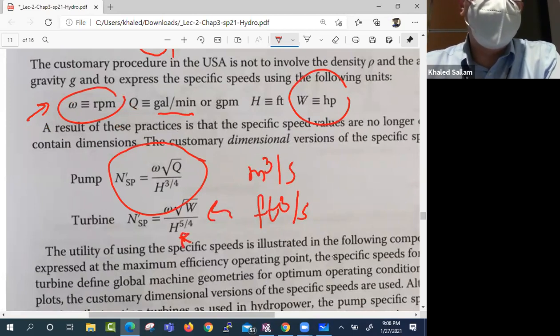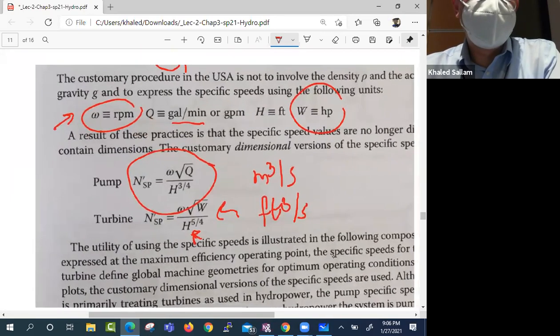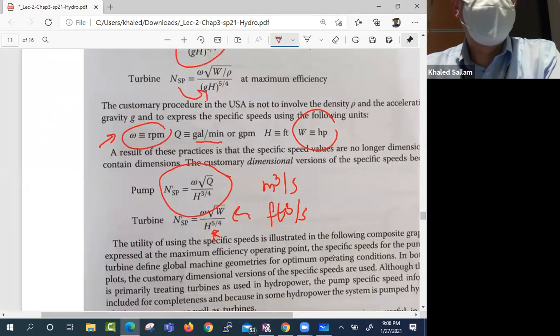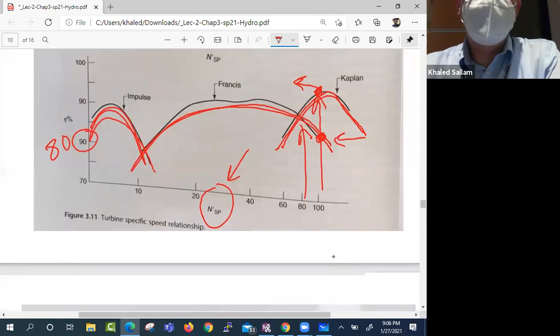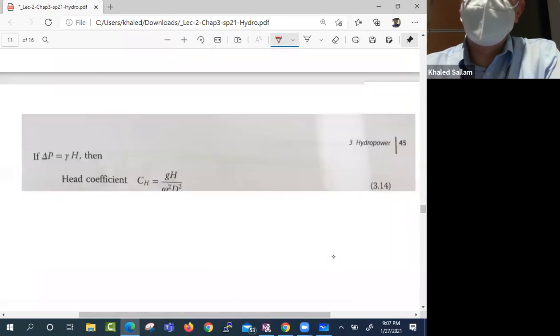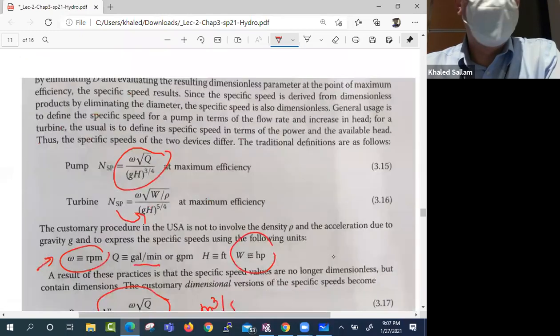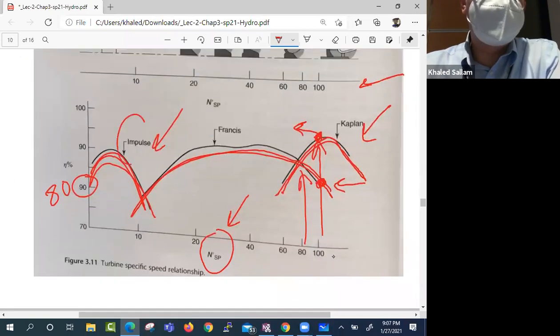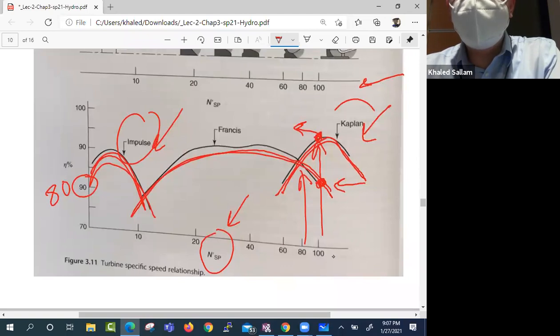When the head is higher and higher, you should go toward what do you think? For a very high head, you should use impulse or Kaplan? Very high head means the specific speed is going to be small or big? Small, right? And small means that you move to this. Very small head, it moves to this.